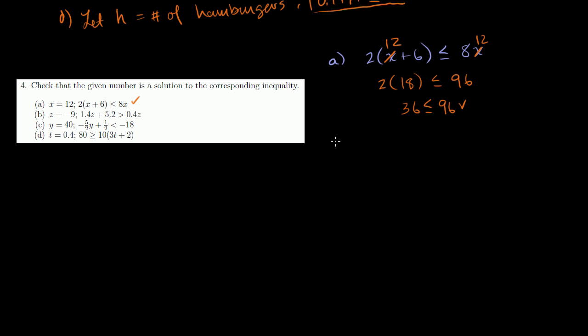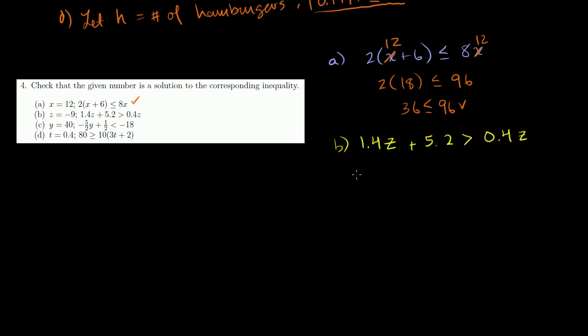Part B. We have 1.4 times z plus 5.2 is greater than 0.4z. And for the solution, they have z is equal to negative 9. I always say minus 9. The correct wording is negative 9.